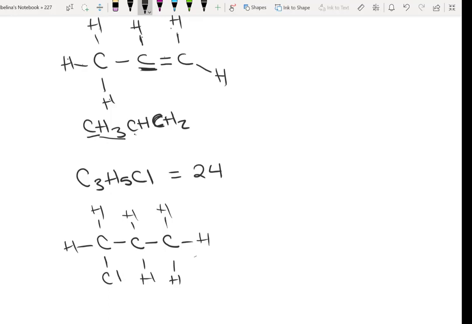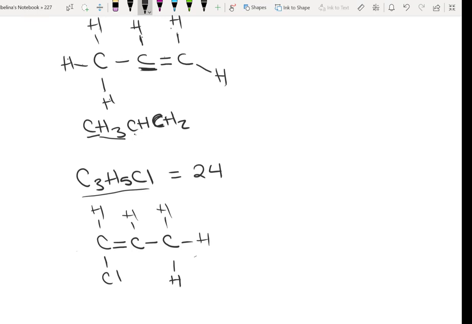Oh, too many hydrogens, right? Because this is equivalent to C3H6. The chlorine is just like taking the place of a hydrogen when we talk about the double bond equivalence. Okay, so I'm just going to erase the extras. I erase one from this carbon and one from this carbon, and then give it a double bond.